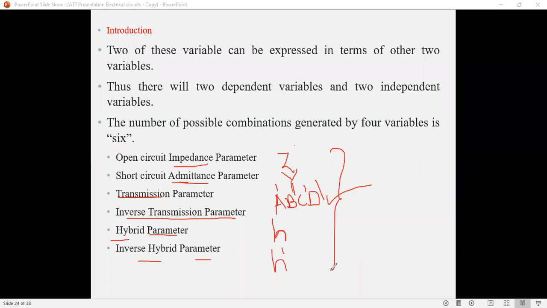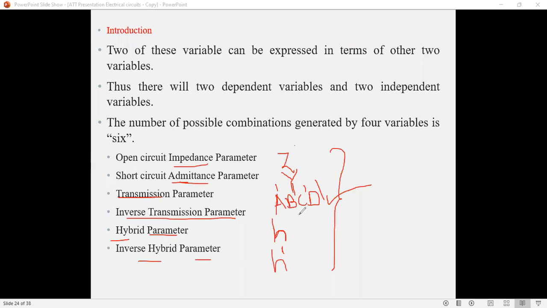Then the hybrid parameter, which is the H parameter. And the inverse of the hybrid parameter is called the H dash parameter.